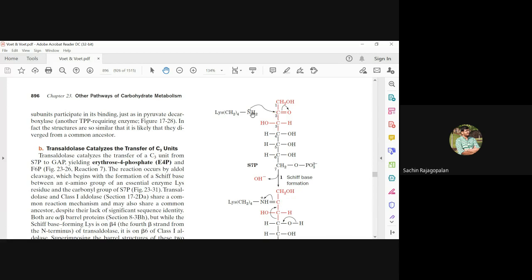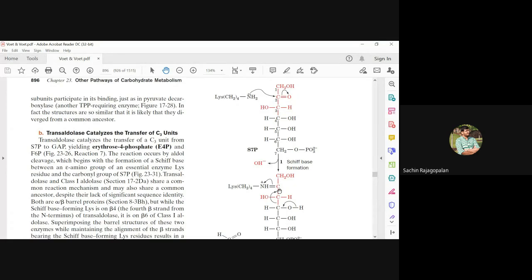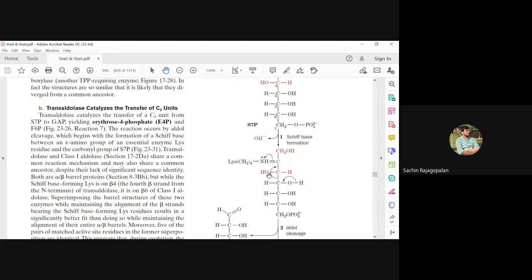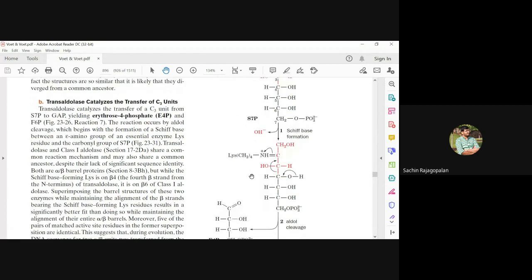That's going to give me NH double bond C, because I'm removing a hydrogen from the amino group and eliminating oxygen. So that's how pseudoheptulose 7-phosphate is going to be attached to the lysine residue of the enzyme.